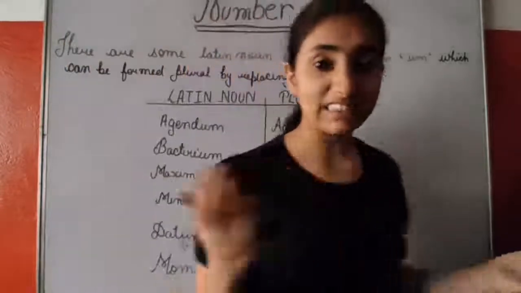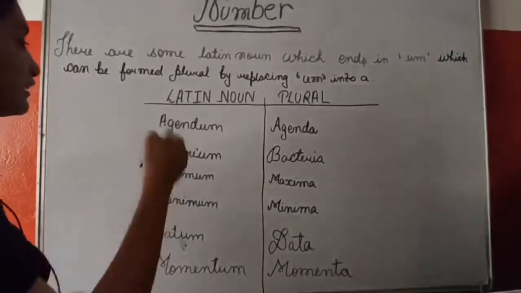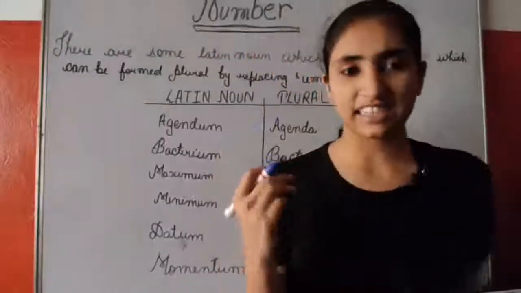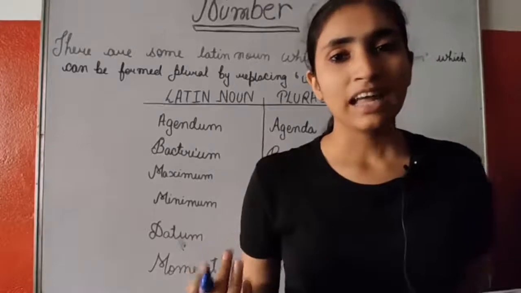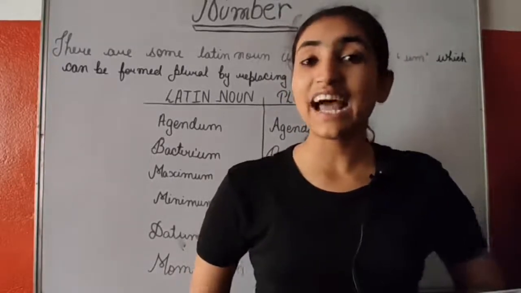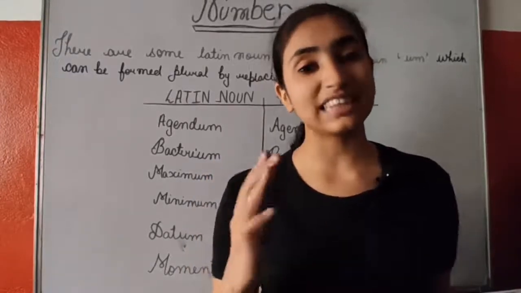So what are the Latin nouns? As we have all heard, agenda. But I would like to tell you one interesting fact, that agenda is the plural of the Latin noun agendum.